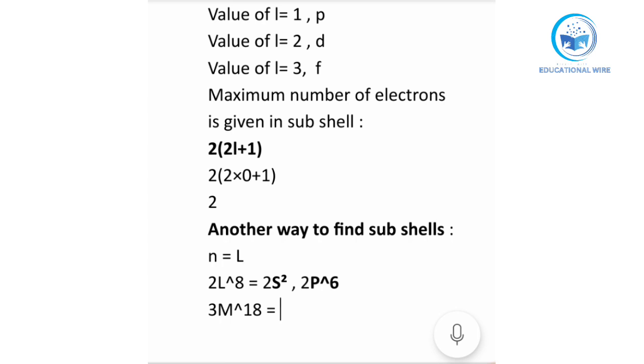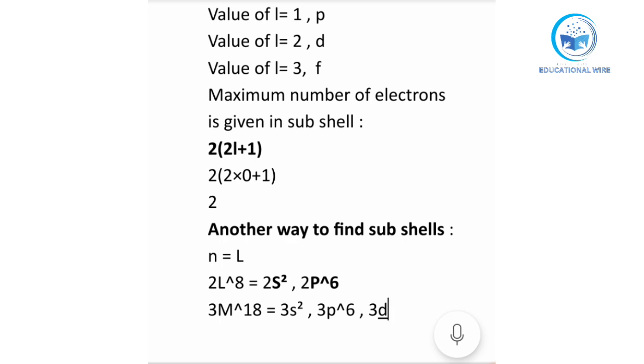As I told you, we give the numbers: 3s2, then 3p6, these are 8 electrons. Now 10 electrons remain in the M shell. I told you how to find the electrons of S, P, D, F. So here we put 3d, the third shell's third subshell.